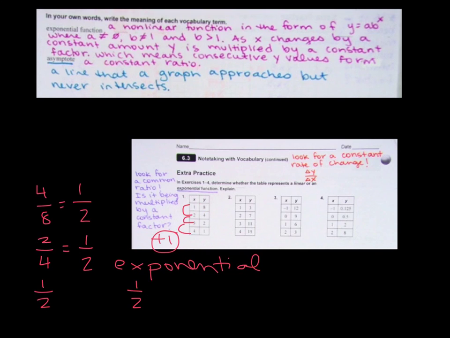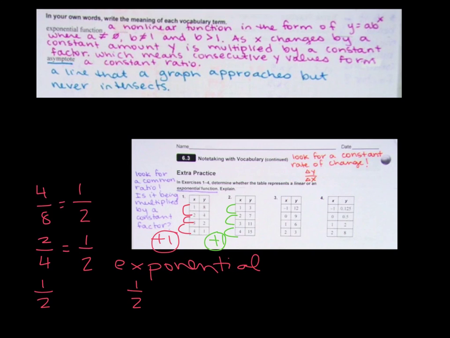Now the next thing that we did was we did review what a linear table of data looks like, because you need to be able to distinguish between the two types. So remember, in a linear function, you're looking for a constant rate of change. That's that change in y over change in x. So if you look at the next one, you see once again that your x values are increasing by 1.